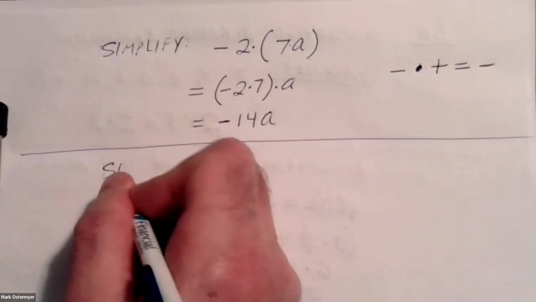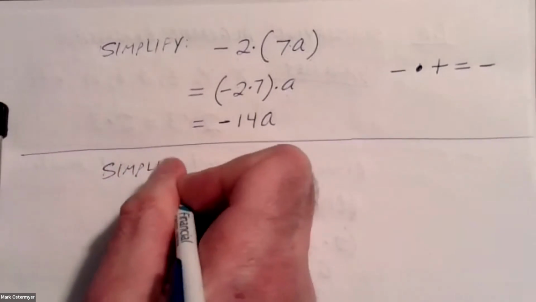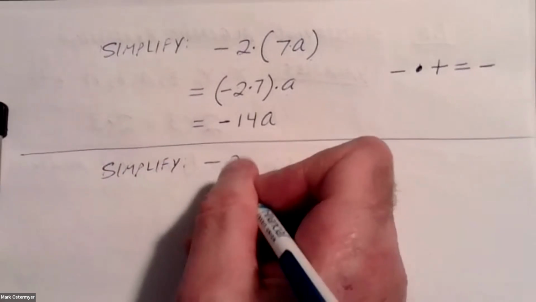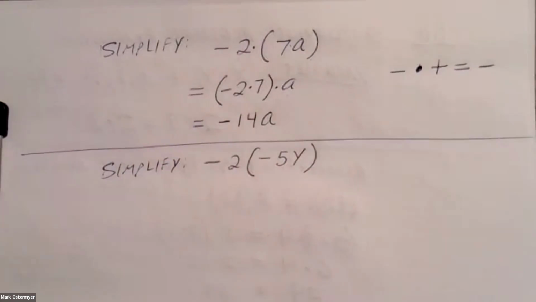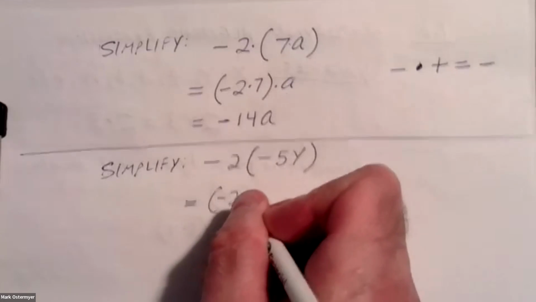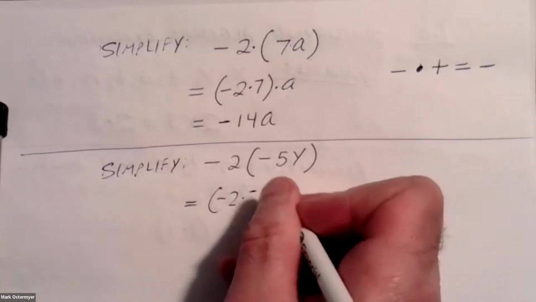All right, let's try maybe another one here. How about -2 multiplied by a -5y? So we shift it to -2 times -5. Yes, we'll have -2 times a -5 here.